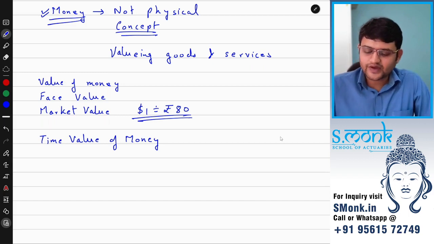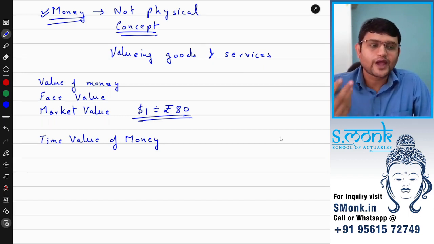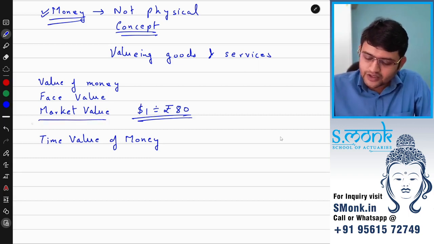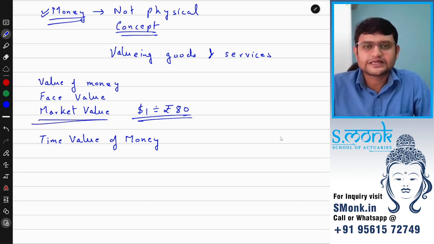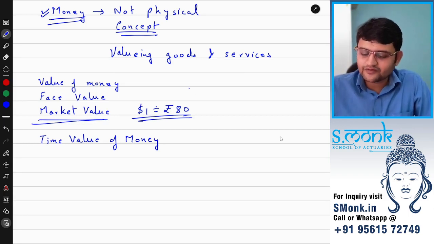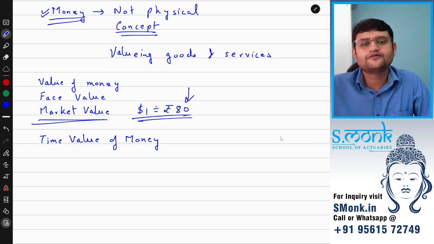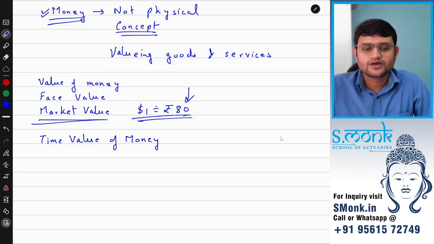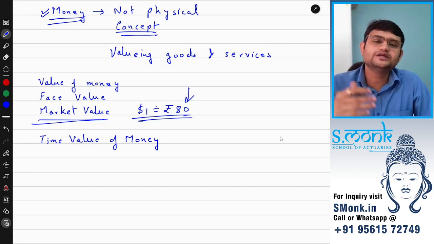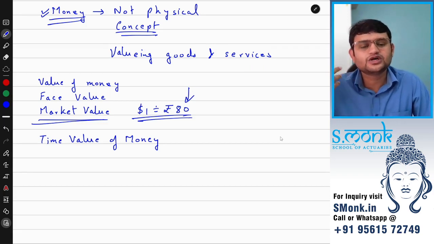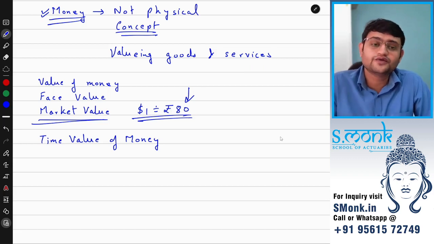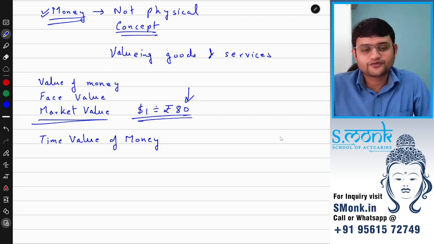Now in a way market value does also change with time. Maybe tomorrow you will see 81 rupees for $1, maybe day after tomorrow you will see 79 rupees for $1. Right. So market value keeps on changing, but it changes because of a lot of different reasons, and that is not part of our course.